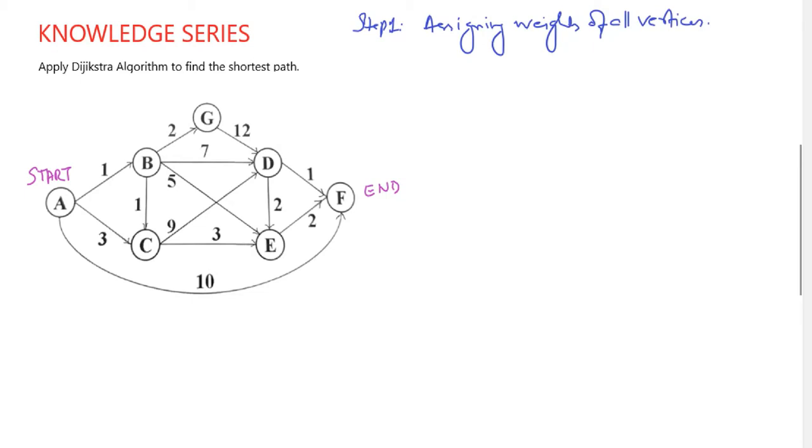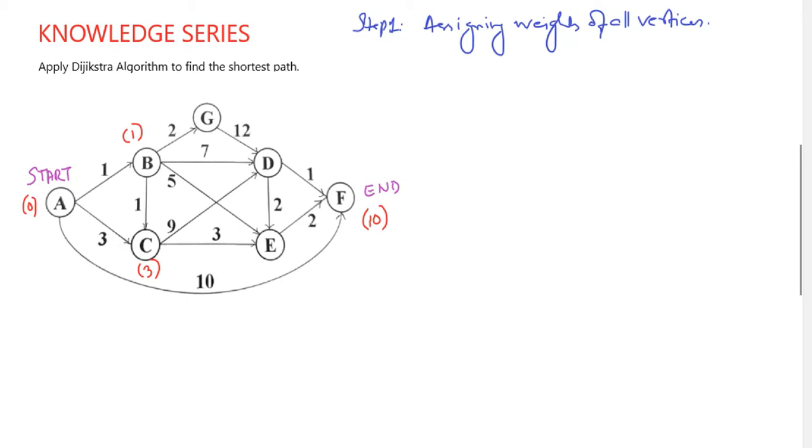Now let us see the assigning of vertices. At A, automatically the vertex weight will be 0. At B, it will be 0 plus 1, it is 1, and here it is 3. And A to F, automatically here it is 10, because from A 3 links are emerging out, and A to F is a direct path.